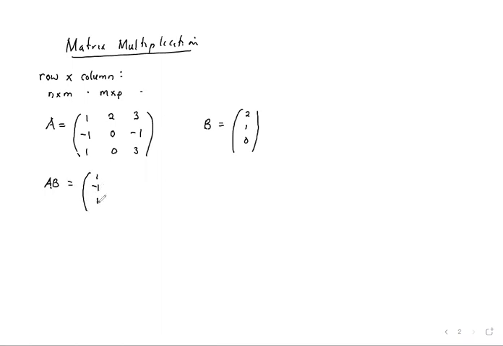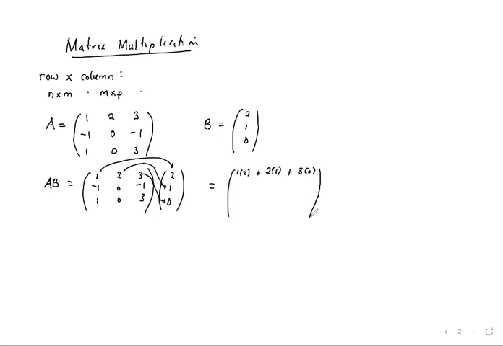1, -1, 1, 2, 0, 0, 3, -1, 3. We can multiply by 2, 1, 0, giving us 1 by 2 plus 2 by 1 plus 3 by 0.